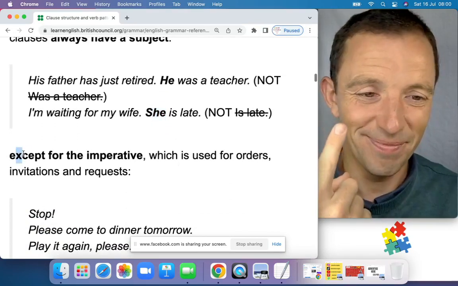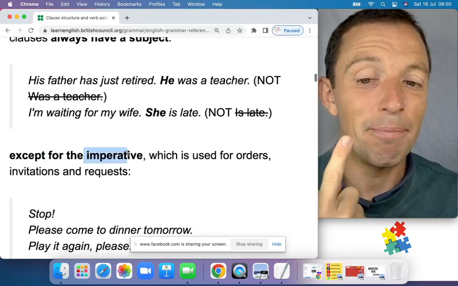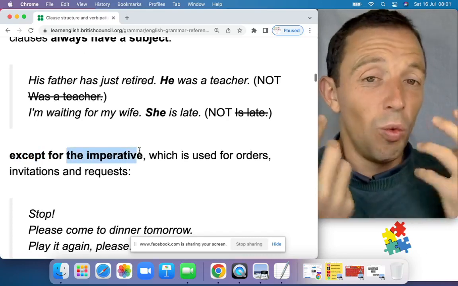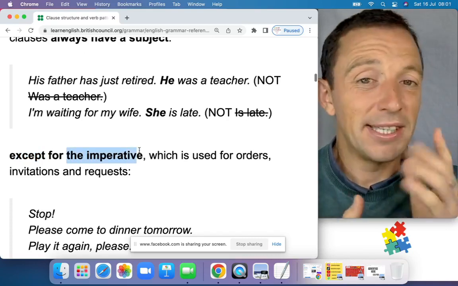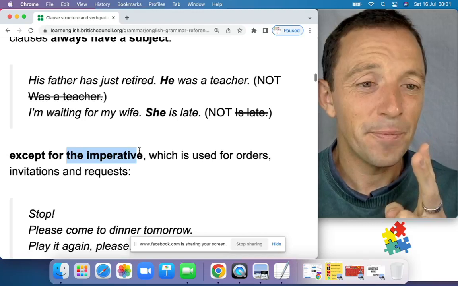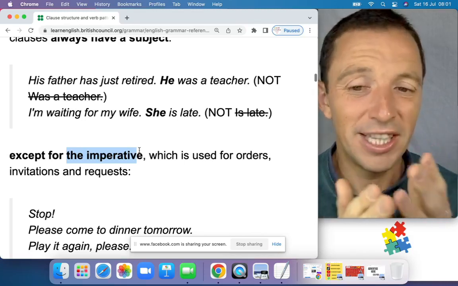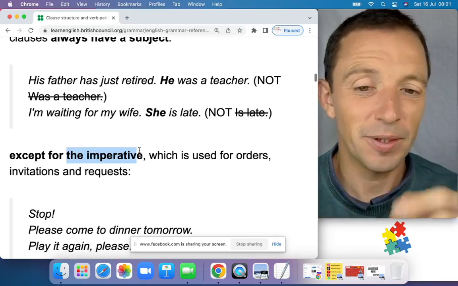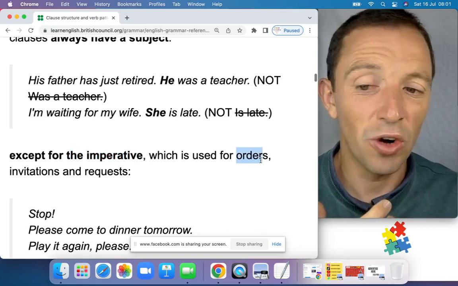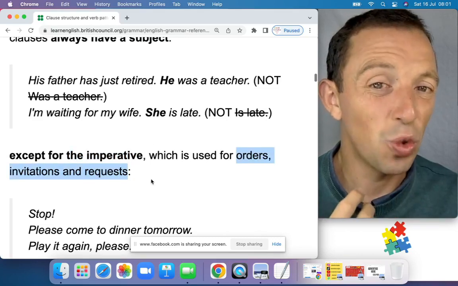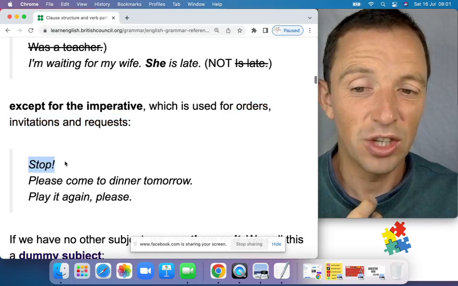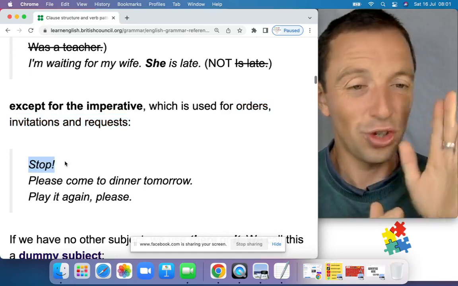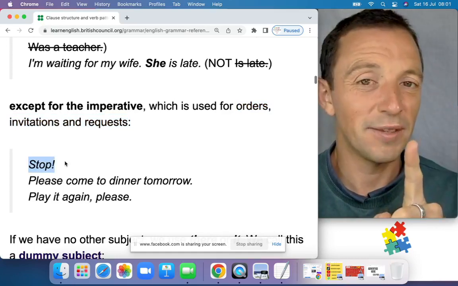Except for the imperative. What is the imperative? The imperative is an instruction, an order, and when we give the imperative, there is no subject. Okay, so this is used for orders, invitations, and requests. For instance, stop. That's an order, it's an instruction, stop. There's no subject.